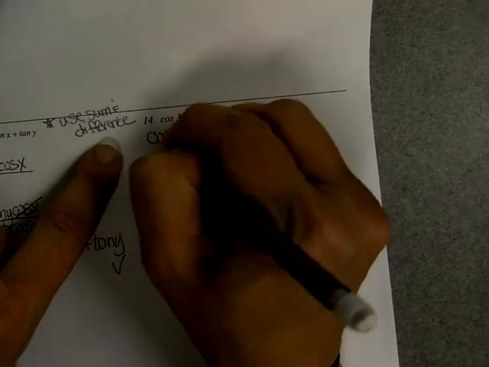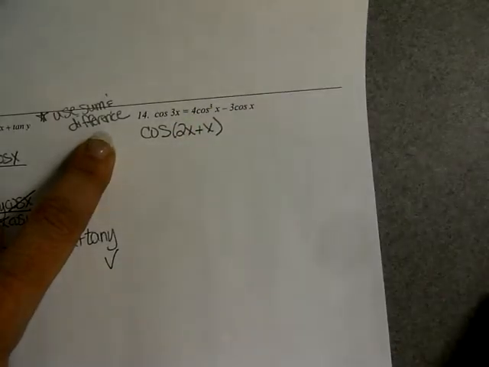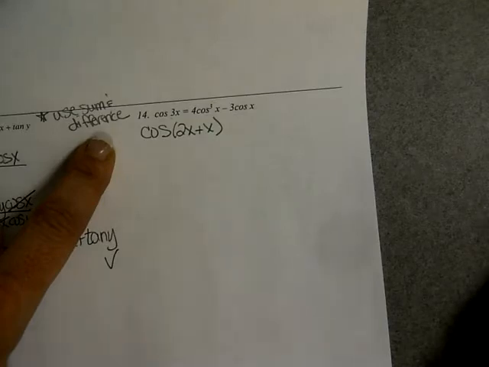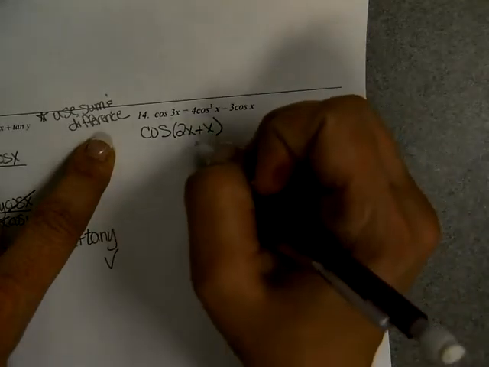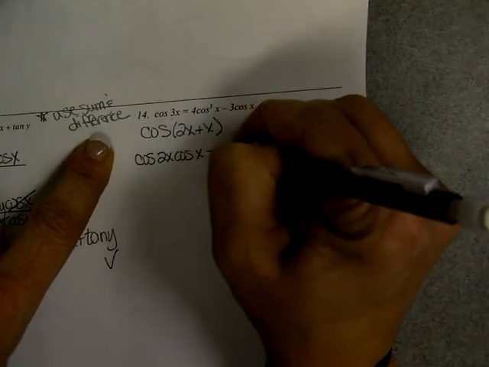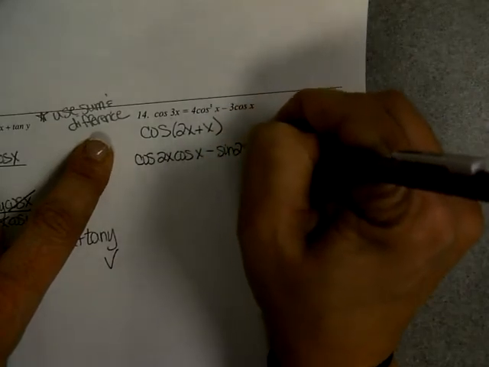So the way that I started this one is I thought about 3x as 2x plus x, and then I'm going to use the sum and difference formulas for that. So remember, for cosine, it's going to be cosine 2x cosine x minus sine 2x sine x.